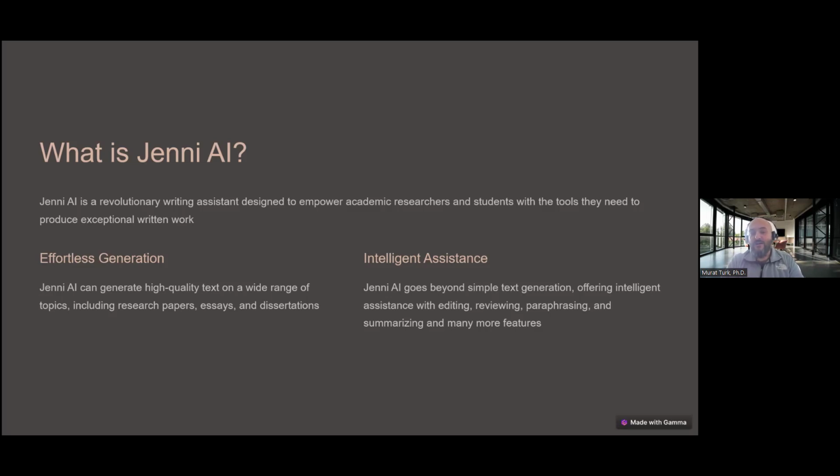And in addition to generating high quality text, Jenni.ai also helps you with the quality of your language. It helps you to edit your text, review it, paraphrase it, summarize it, and a couple of more features that I'm going to show you today.